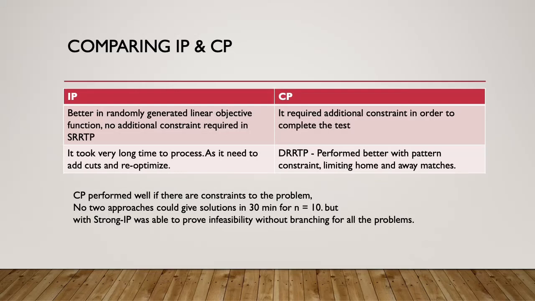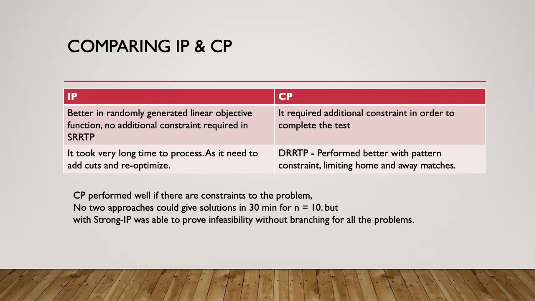IP performed better on randomly generated linear objective functions. No additional conditions were required in the single round robin transportation problem, whereas CP required an additional constraint in order to complete this test.